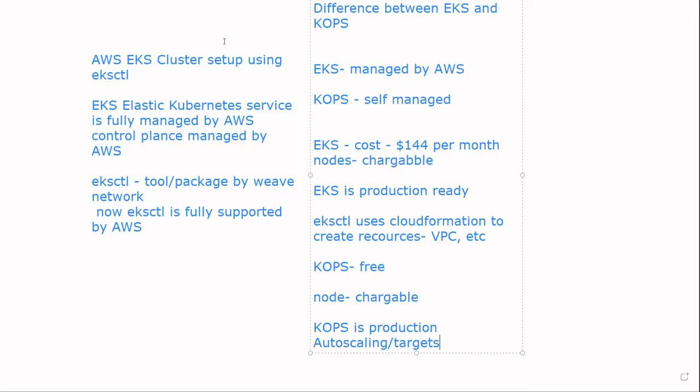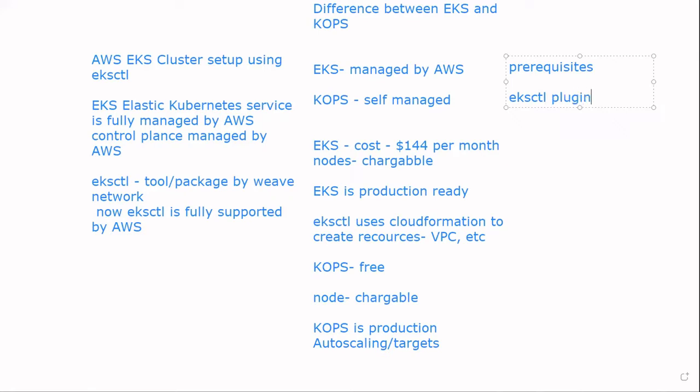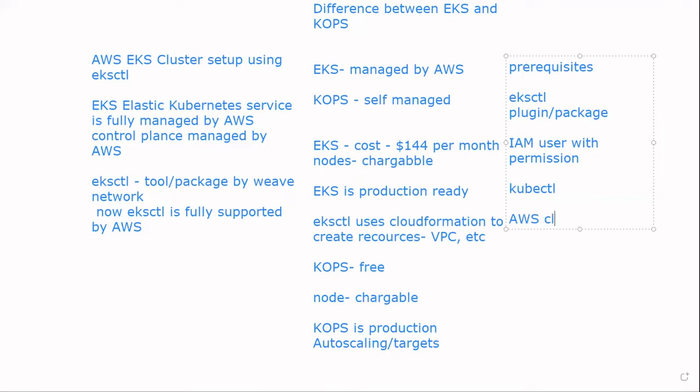Then we will see the prerequisites. What prerequisites are required? We have to install the eksctl plugin or package, then an IAM user with permissions, then kubectl, then the AWS CLI.